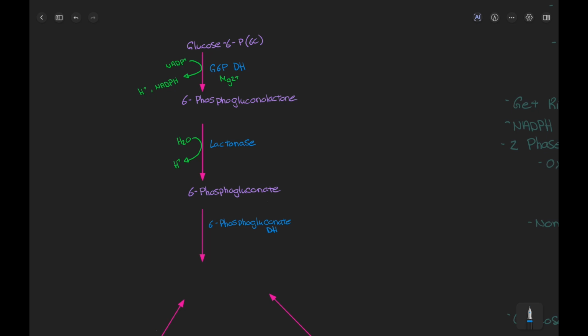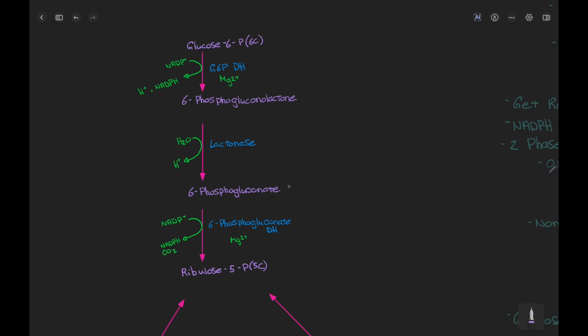We'll again have our NADP+ accept the electrons, meaning it's reduced to NADPH, and the 6-phosphogluconate will be both oxidized and decarboxylated. Our magnesium will support the reaction as a cofactor, and this will get us to ribulose 5-phosphate, a 5-carbon sugar. We now have our 2 NADPH and our ribulose 5-phosphate.